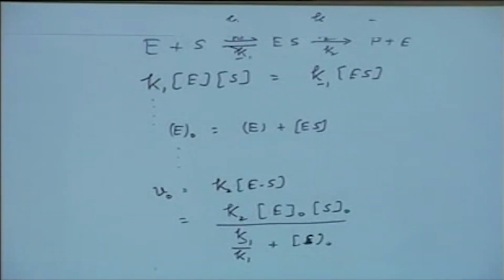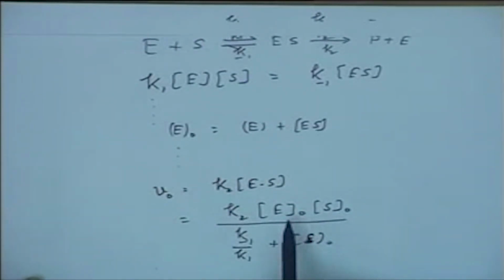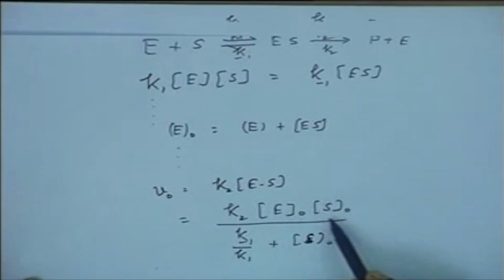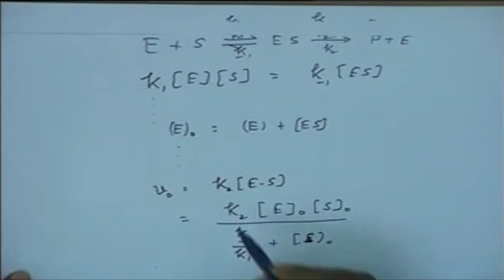So, you get the initial rate expression where the initial reaction rate is given in terms of initial enzyme concentration and substrate concentration. Now, the rate constants here, as you notice, are K1, K minus 1 and K2.